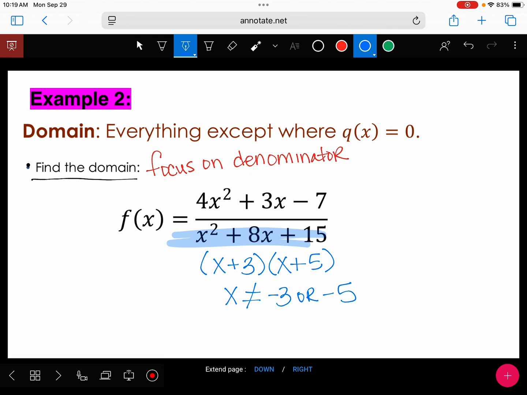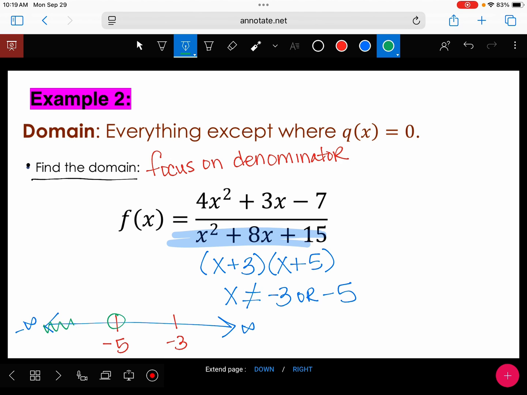So when I'm writing this in interval notation, keep in mind we're going from -infinity to infinity. I'm saying that I can use any number except -5 and -3. So essentially what I have is 3 parts of my domain that I have broken it into.